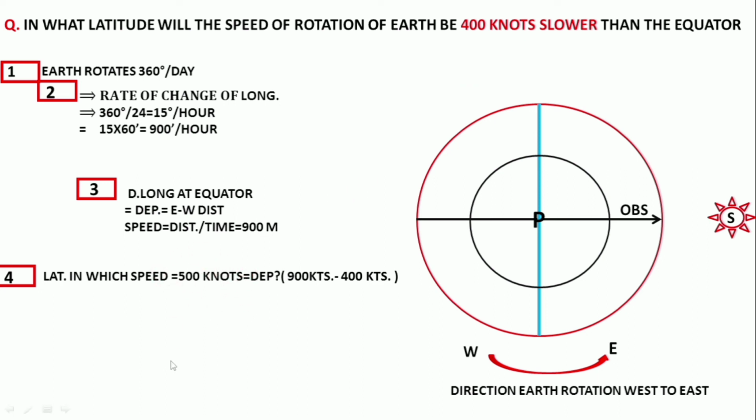So the east-west distance covered by the Earth in 1 hour, 500 knots, this is your departure. And your D.LONG, irrespective of what latitude, was the same in 1 hour, 900. So your latitude, in which the speed would be 400 knots less than that at the equator, is 56 degrees 15 minutes north or south.